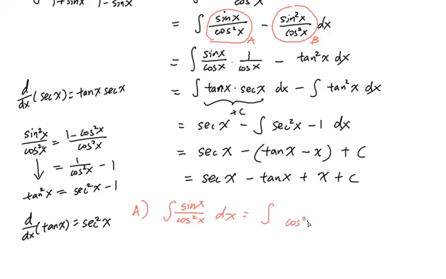If you take the derivative of the denominator cosine, you're going to get minus sine, so the minus sine x is just going to get absorbed as part of the chain rule.